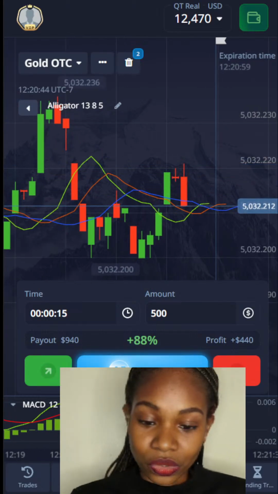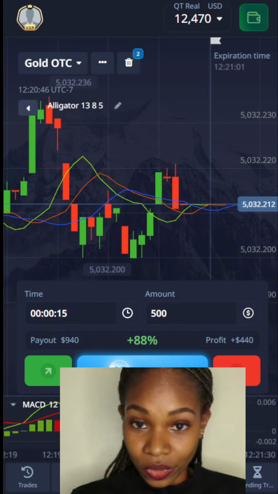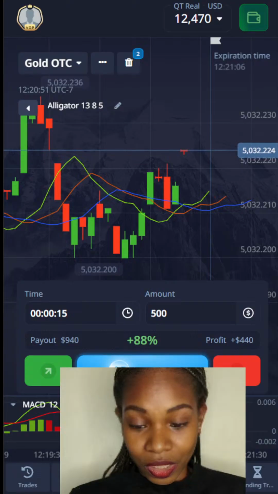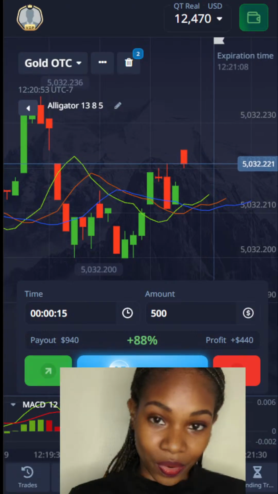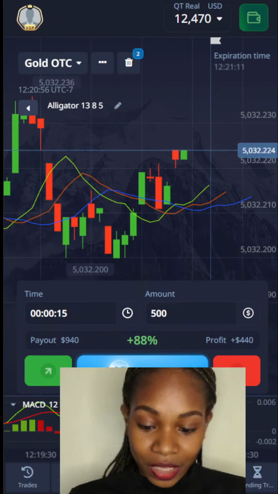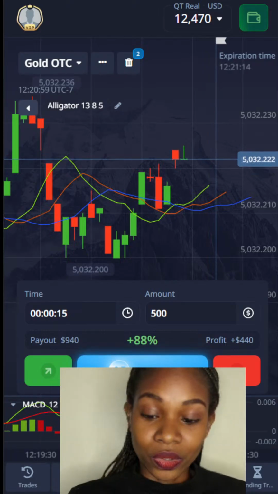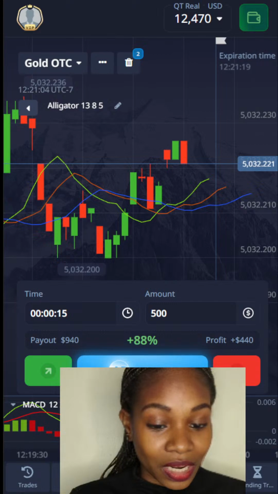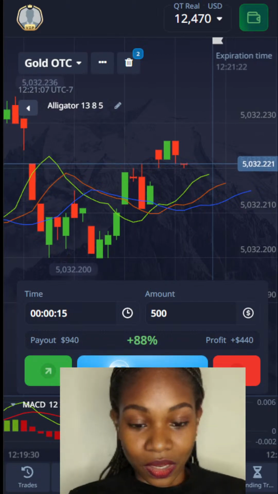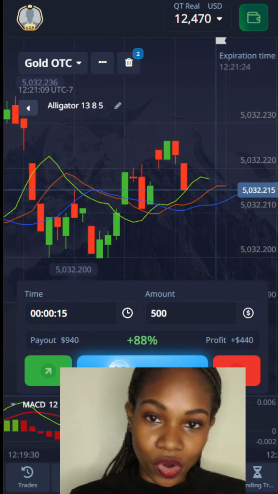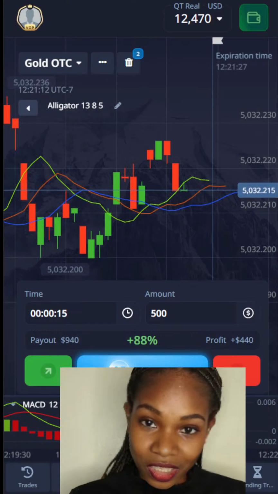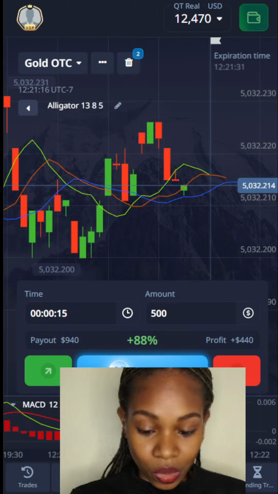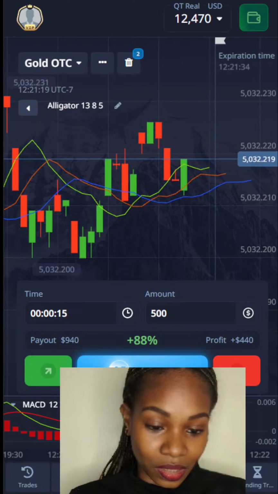So we have all that, and this really helps us to know the direction. How strong is it? By the strength, we are looking at that part where I said these three lines are clearly aligned. Okay, they are clearly aligned, and we have that confirmation, we have that momentum. So that is what we look at in this alligator indicator.